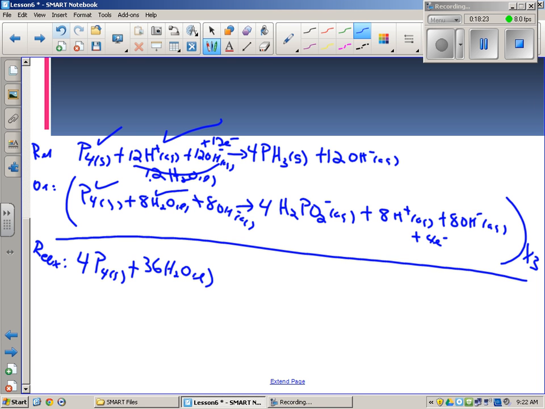So that takes care of these two things here. And I got 24 hydroxides. I always get confused because it looks like 240 H minuses, which is 24 hydroxides. Don't get confused. There's no such thing as H minus.